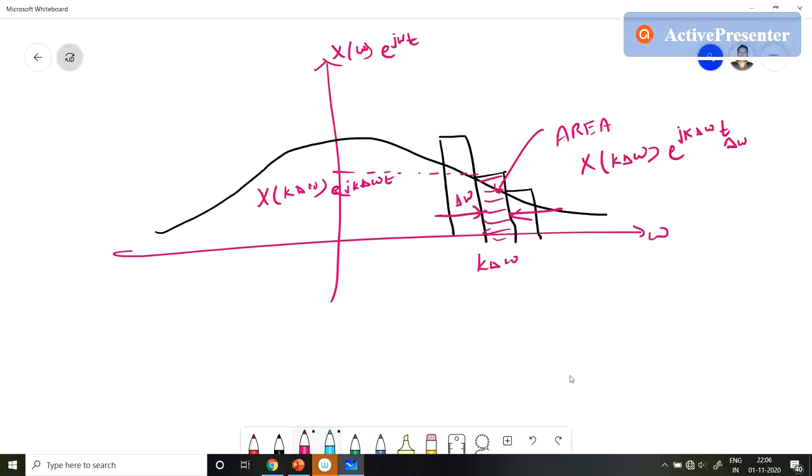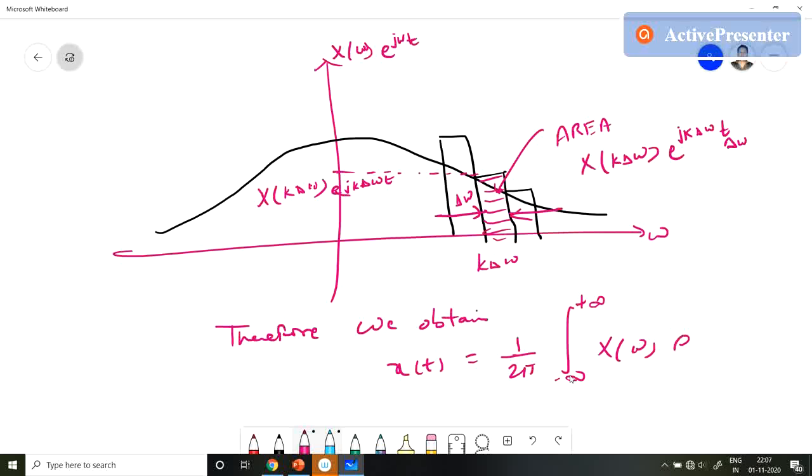So what we obtain, therefore, is x(t) is equal to 1 divided by 2 pi, integral from minus infinity to plus infinity of X(omega) e raised to the power plus j omega t d omega.